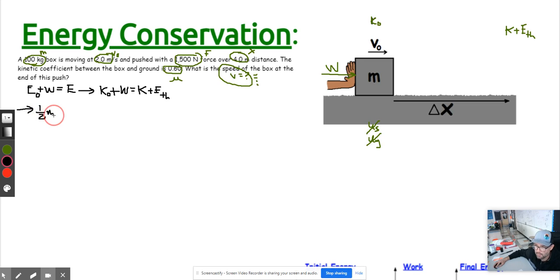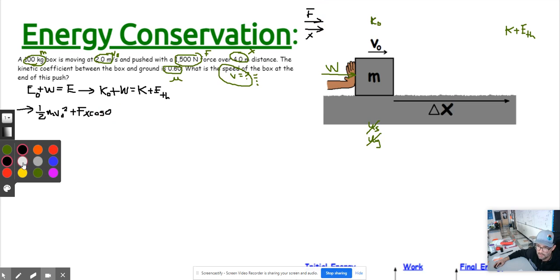1/2 m v initial squared plus some work, which is going to be some force times distance times cosine of, well, it pushes to the right and the displacement is in the same direction, so that's an angle of 0 between those, so cosine of 0, and we know that cosine of 0 is just 1, but I felt like we needed to write it out anyways.